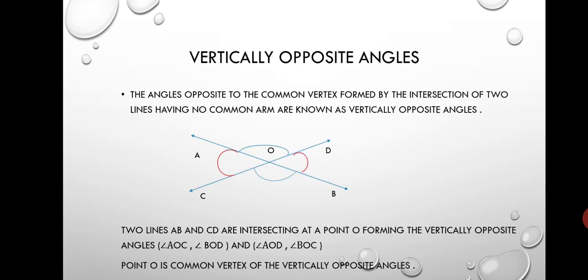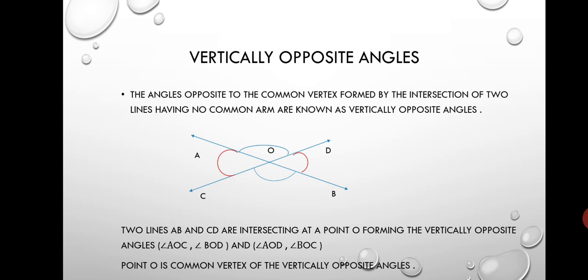The last one is vertically opposite angles. This one is very important and very interesting. What are vertically opposite angles? The angles opposite to each other at the common vertex, formed by the intersection of two lines and having no common arm, are known as vertically opposite angles. In simple words, when two lines intersect each other, we get four angles. Look at this figure.